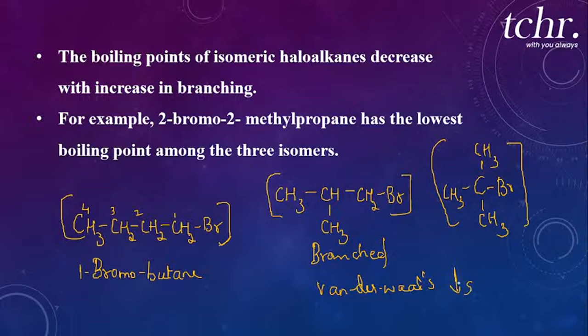So as the branching increases, the surface area will decrease; as the surface area decreases, the van der Waals force of attraction decreases, and as that decreases, the boiling point also decreases. Therefore, the straight chain will have a high boiling point compared to the branched chain. Is that clear?